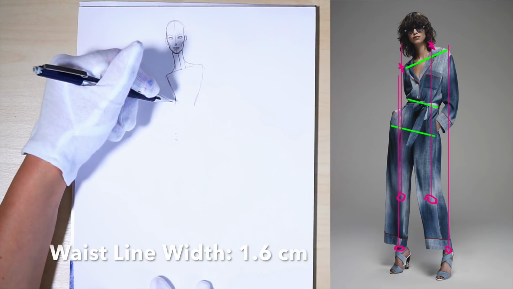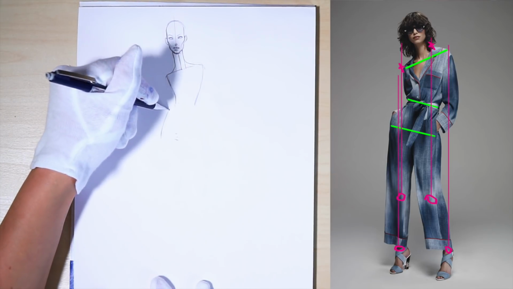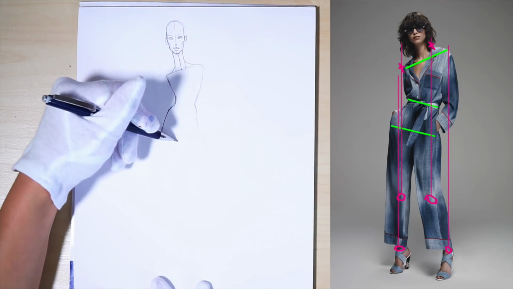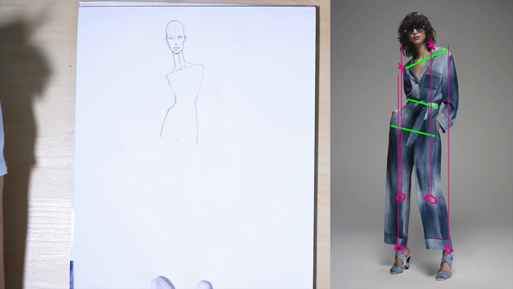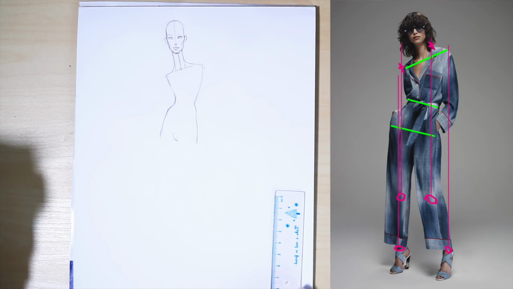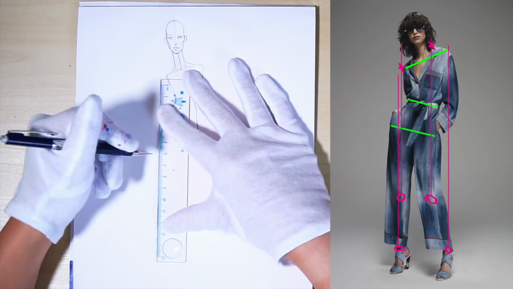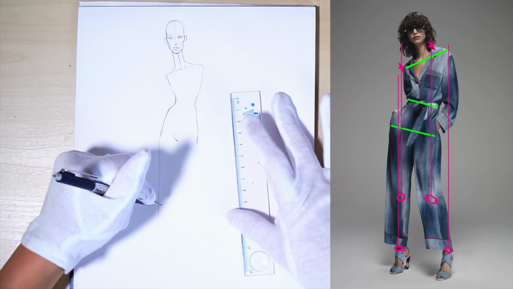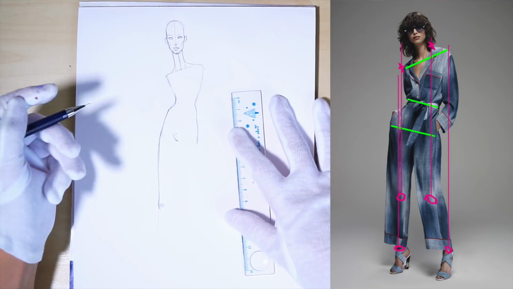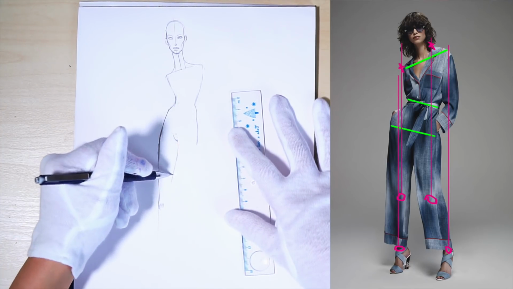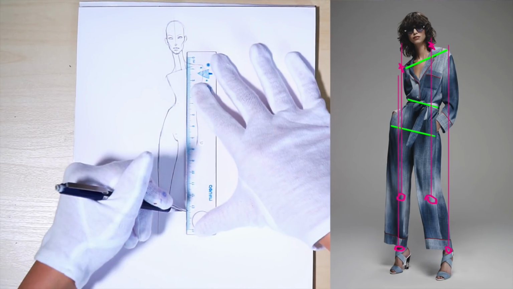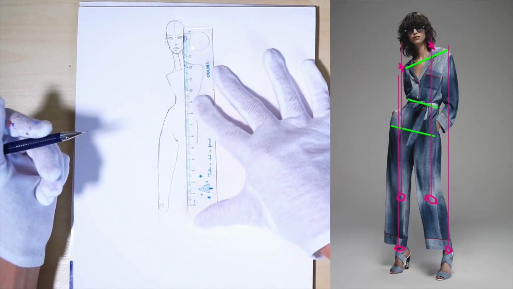Now I'm checking the reference image to see at which level her knees and ankles are located in relation to her upper body, because I drew the upper body first. If you take a look at the reference image, you can see that the right side knee is at the same level as the right line of the neck, and the left side knee is located a little bit to the side from the left side shoulder.